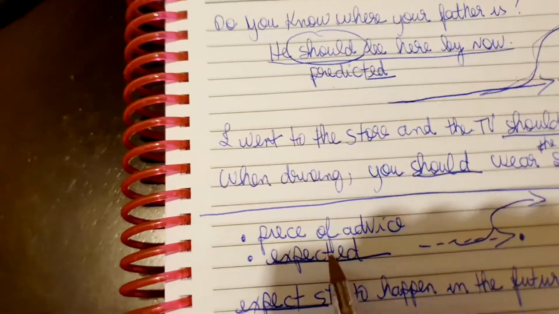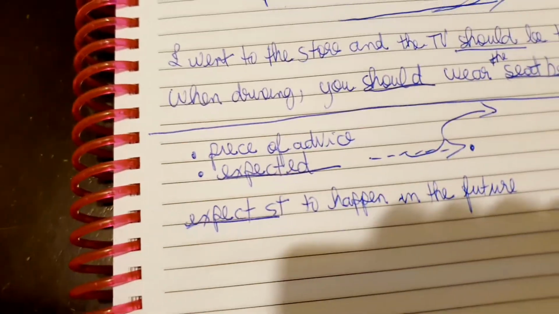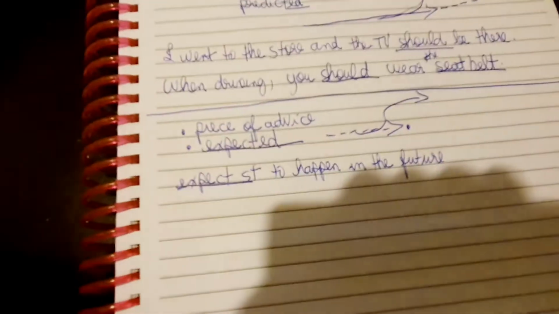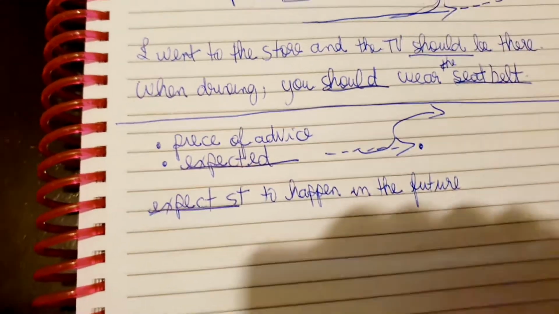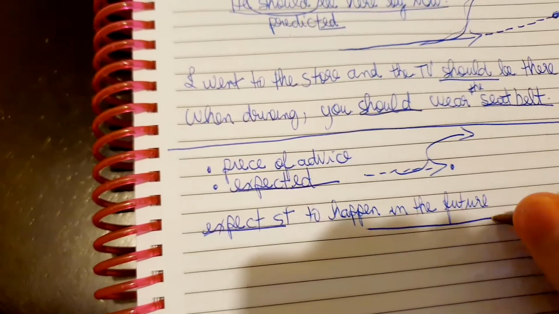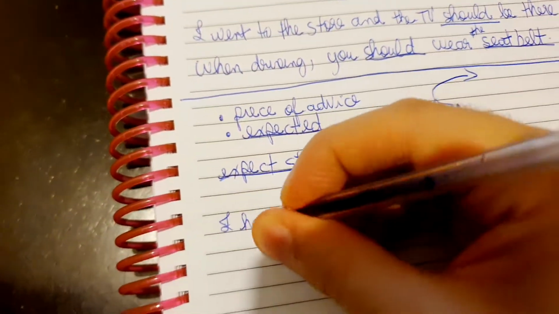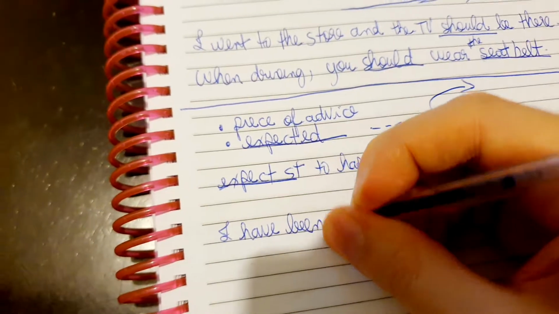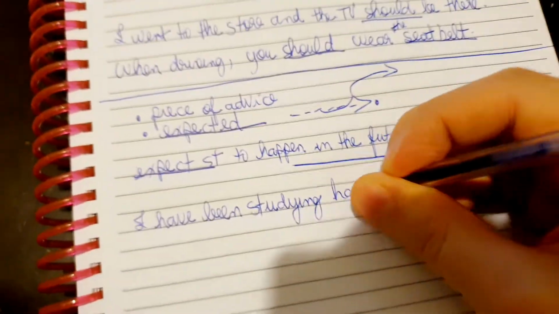But here, for example, it's another situation. You expected something to happen and it didn't happen for some reason. And now you expect something to happen. So it's going forward. For example, I have been studying hard this year.